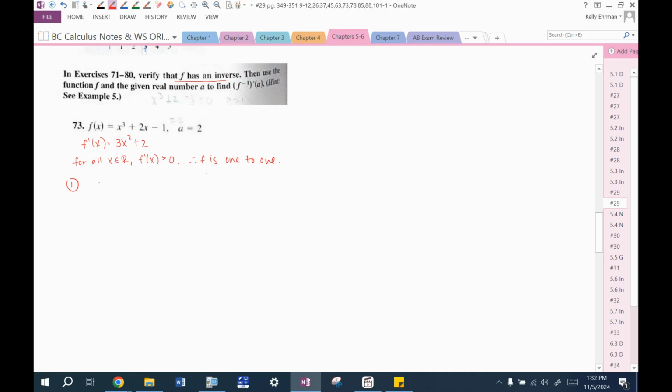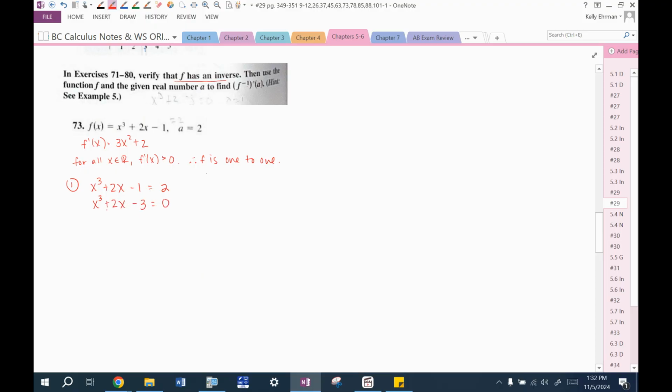So we always start by saying we're not going to plug 2 into f. We're going to set f equal to 2 and solve for this. So let's get this equal to 0.